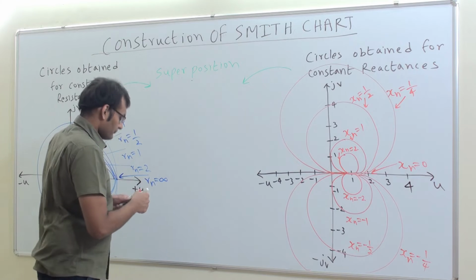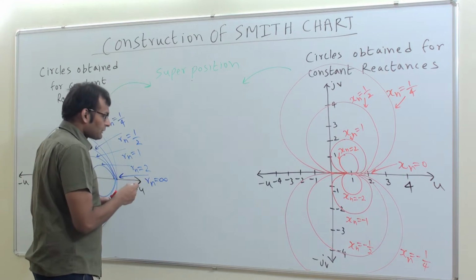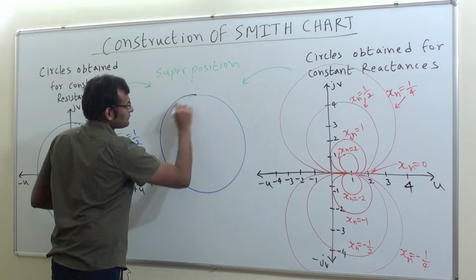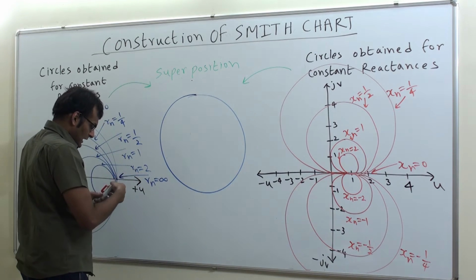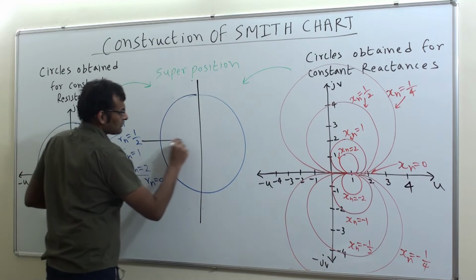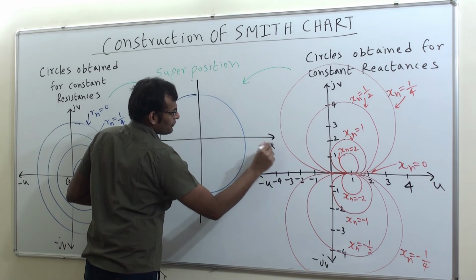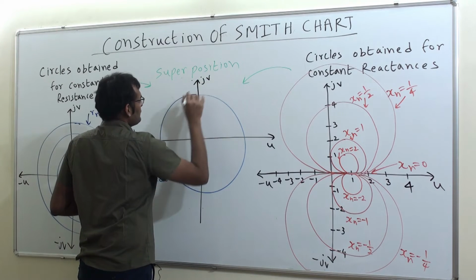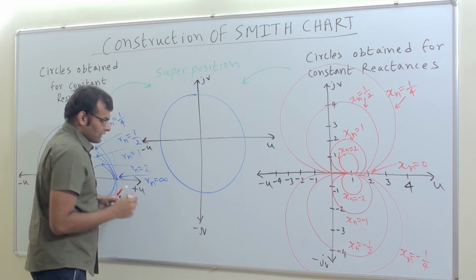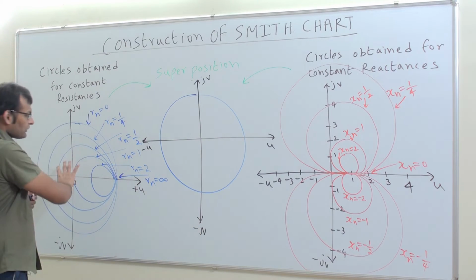Before I do that, let me draw a circle. Let this be U, this is JB, and this is minus U minus JB. Now let's draw these circles here.